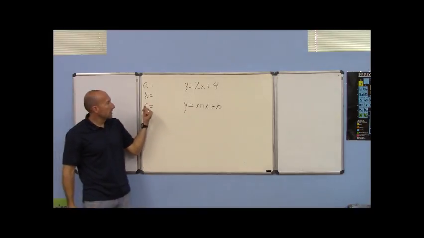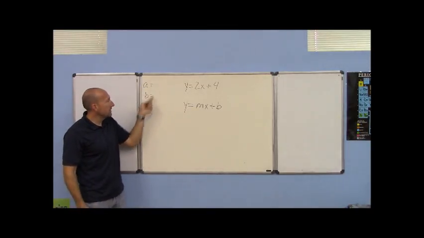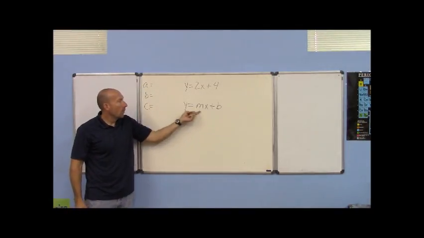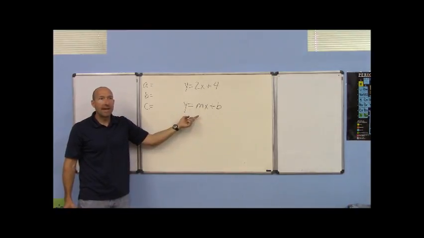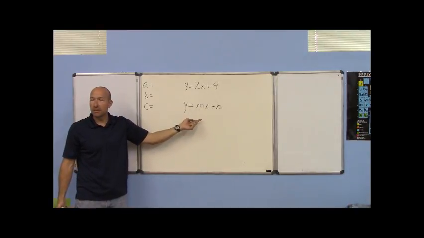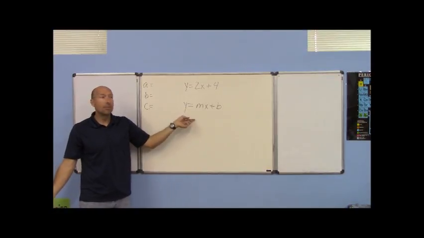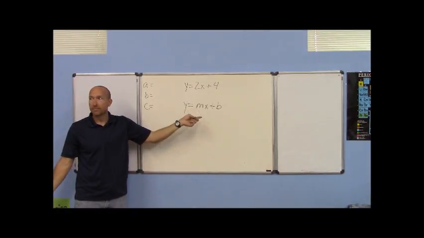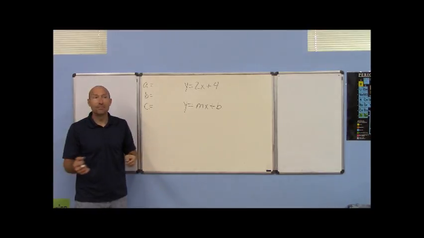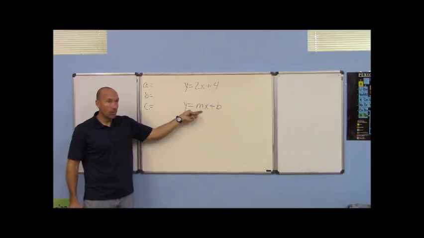Well, we don't have an a and a b, or an a and a c, we have a b, but why do we have the letter m? Why don't we have a or c? What is m? What did we just learn? Yes, the slope.